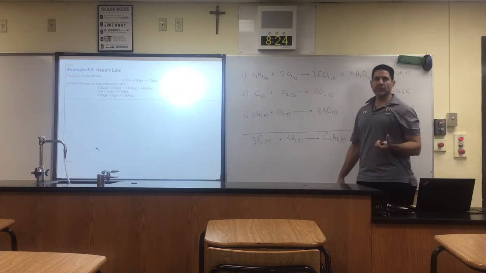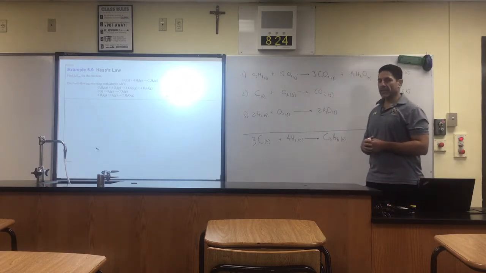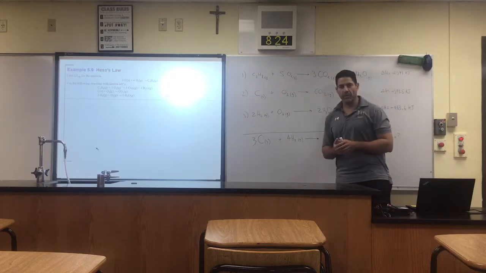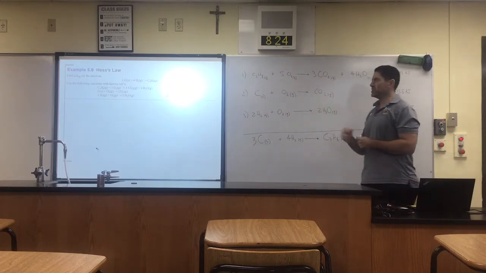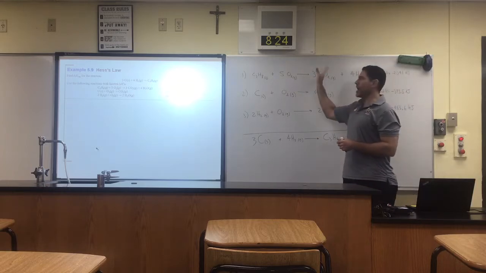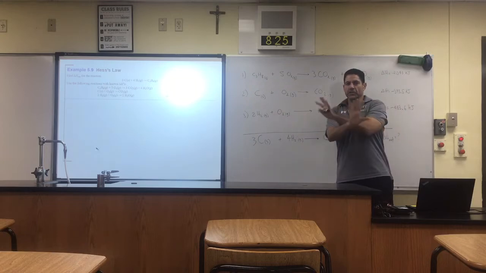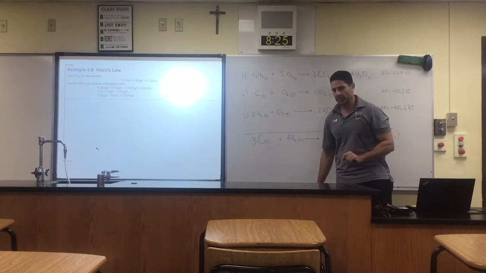The first thing you're allowed to do, and if you remember we studied this with equilibrium, is flip an equation. What I mean by flipping an equation is that the reactants become the products and the products become the reactants. So you're switching the equation. Now here's the catch.